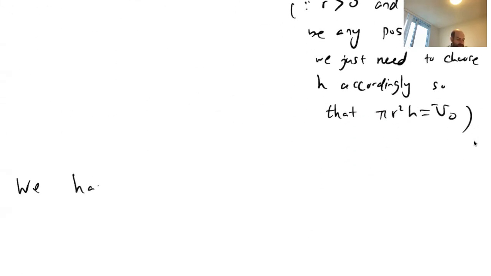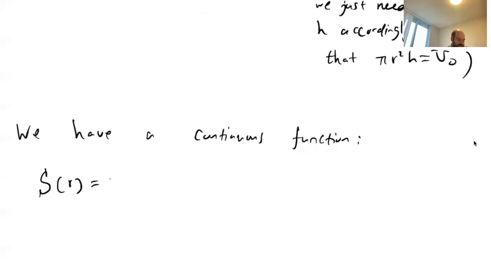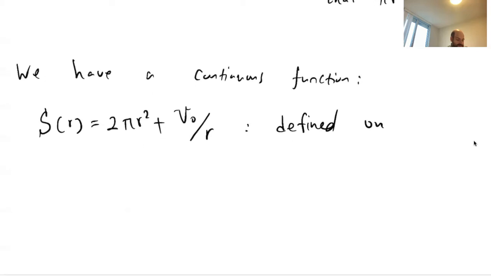So we have a continuous function, which is S of R equals 2 pi R squared plus V0 over R, defined on an infinite interval, 0 to infinity.